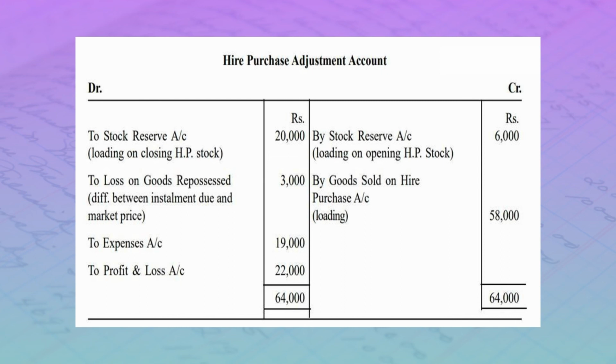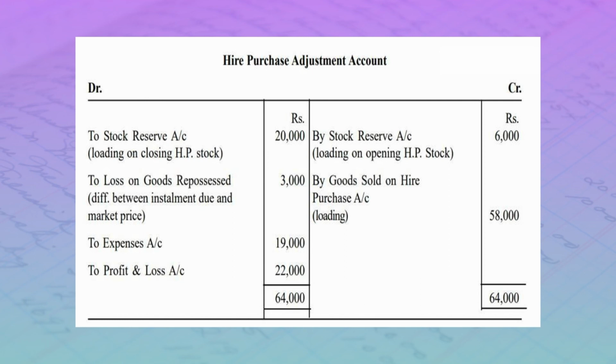And here, to loss on goods repossessed, it is given 3,000. The expenses are also given, 19,000. And the closing stock amount is given, 60,000. One-third of this is the loading.